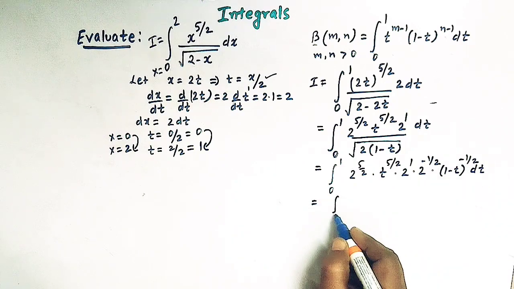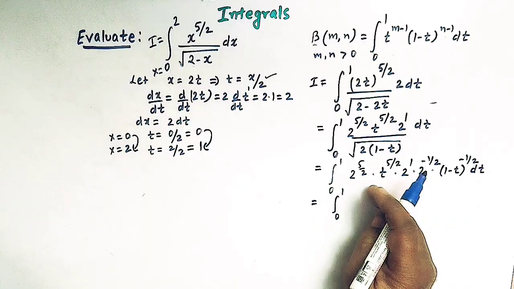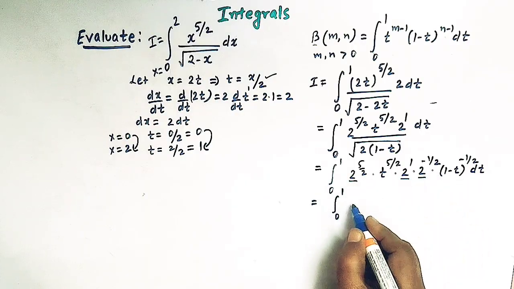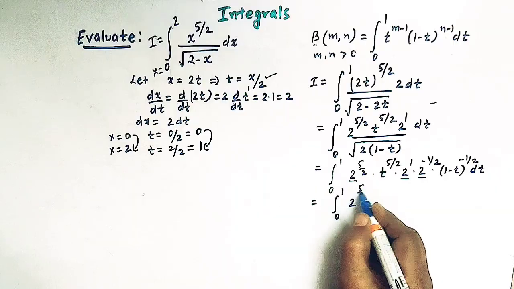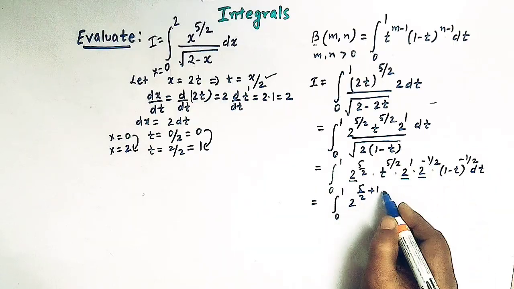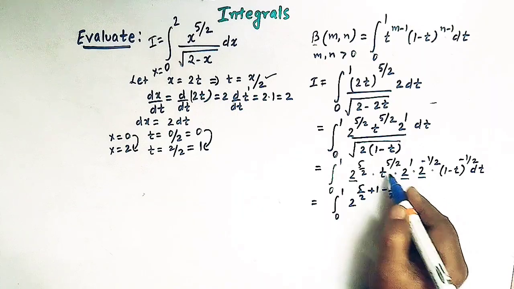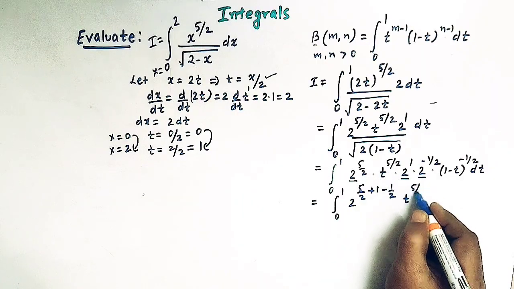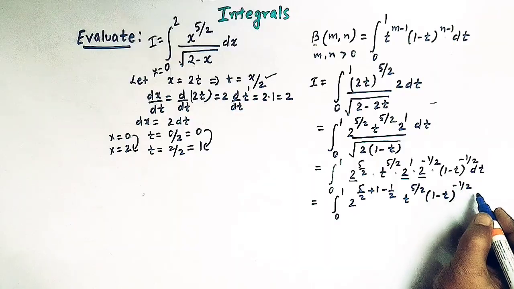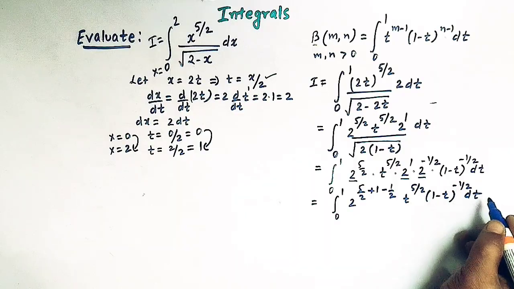So now let us further simplify it. Here we can collect all these 2's. So we have 2 raised to 5 over 2, then plus 1, and then minus half, and here we have t raised to 5 over 2 and (1 minus t) raised to minus half, and dt.